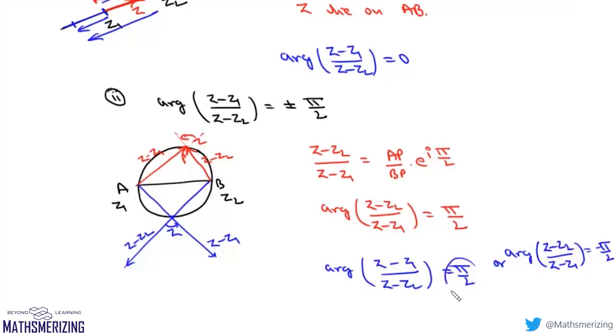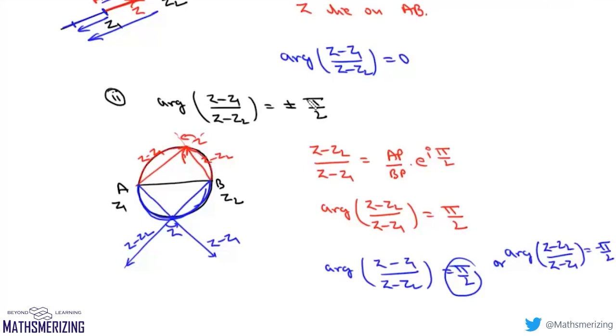So if we take only pi by 2, then it will represent this semicircle which lies below AB. And if we take this minus sign here, then it will represent the semicircle which lies above AB.